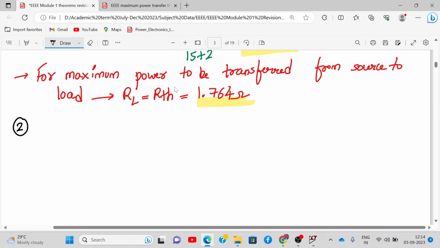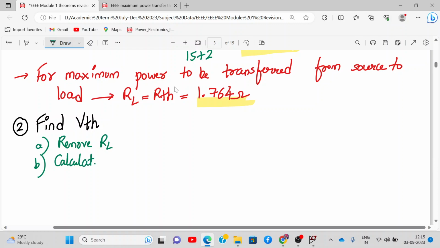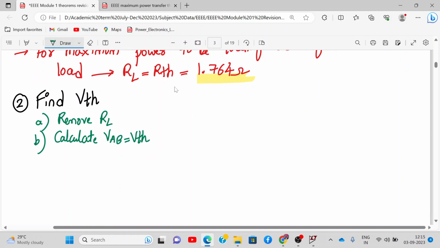Done, sir. Okay. Next is find VTH. So for finding VTH, we do two things. First is remove RL. Next is calculate VAB, which is equal to VTH. So let's draw the circuit again. So I'm drawing the circuit again without RL.